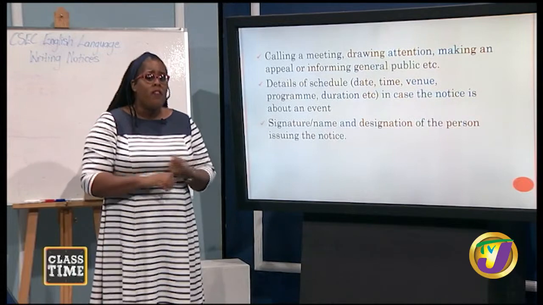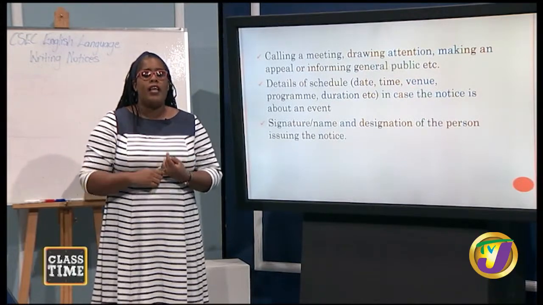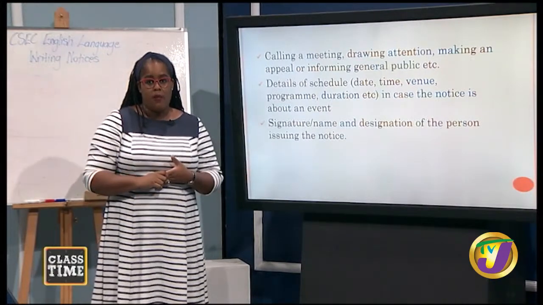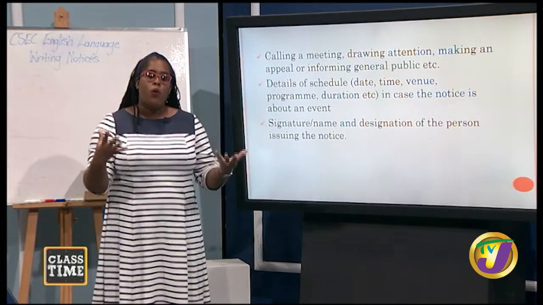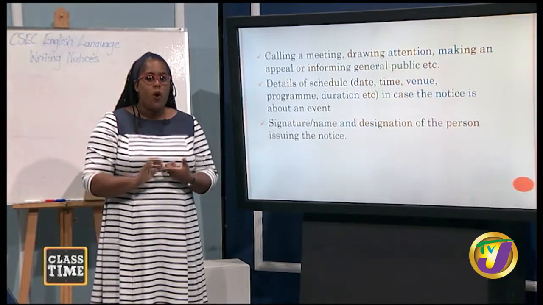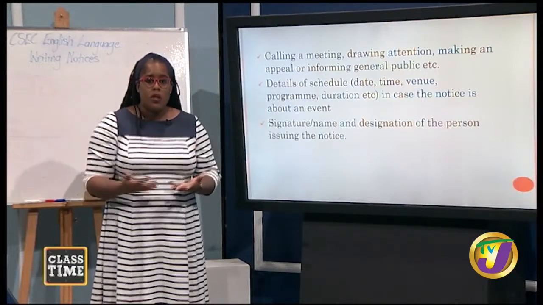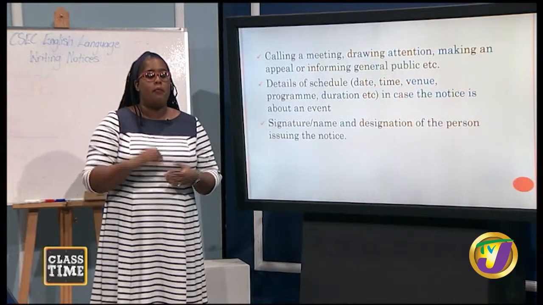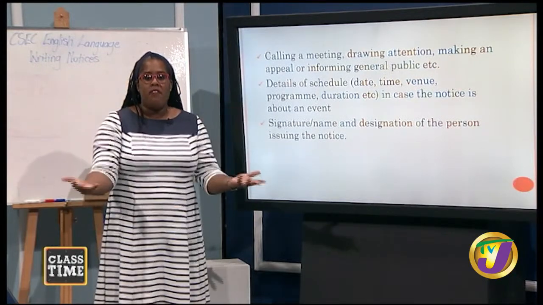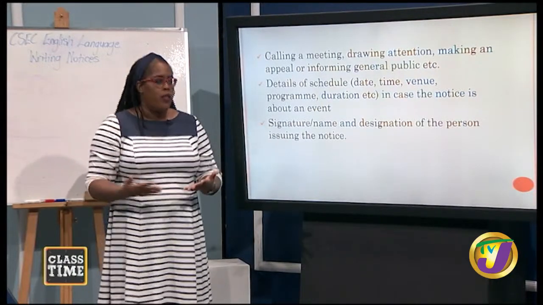One of the things to remember is that the word notice must be there, and it should be in bold and in all caps. The institution or office that is issuing the notice should be there, signature, date, time, venue, and so on. So these are some of the things that we would include on the notice.